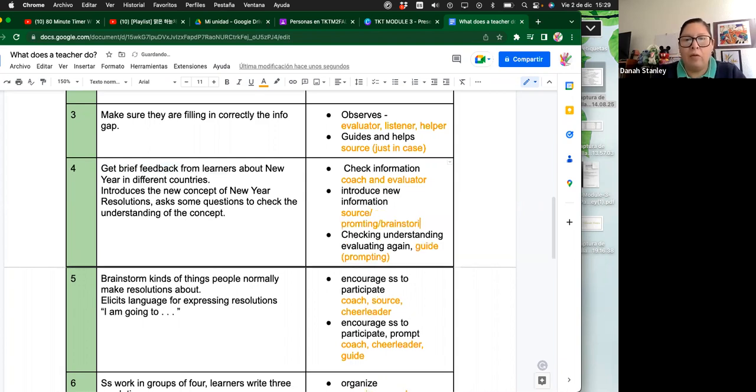Because by using this activity, the students can figure out more or less, or they are going to relate the celebration of New Year with resolutions. And in here, apart from teaching grammar, vocabulary, and language, I'm teaching culture. I'm teaching even geography.